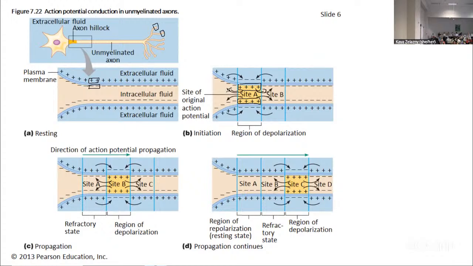So this has the effect of depolarizing neighboring sites, right? These sodium ions that came into site A and floated over a little bit towards site B are how it got to its own threshold, right? That's how these voltage gated channels that would be on site B perceived that change to a membrane potential. So then we have the same reaction as we did for site A. These sodiums come in, it's positive charge.